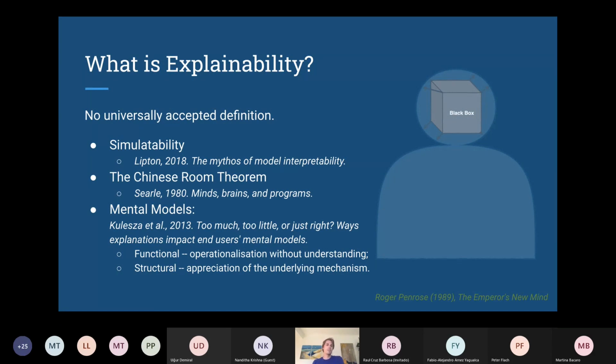And I'd like to give the example of a light switch. So for example, we all know that if we flip a light switch, the light bulb turns on. So if our goal is to get some light, we know that we can just flip this little switch and we'll get some light in the room. And this does not necessarily mean that we understand how it works on any level of depth.